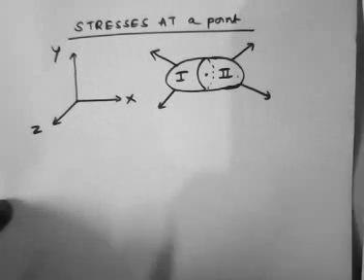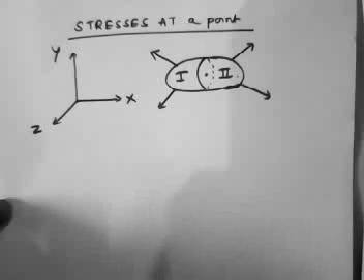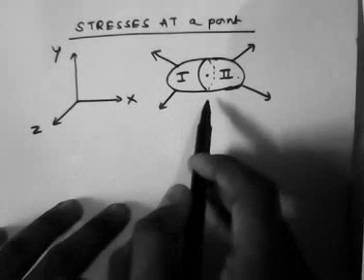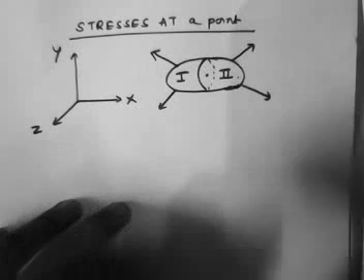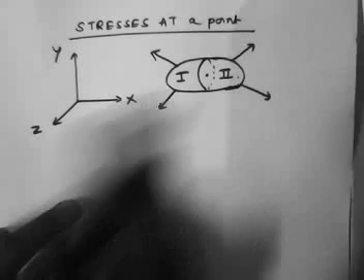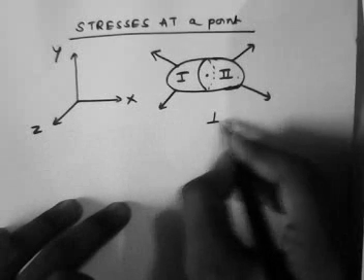Now what we are going to discuss is basically the stresses at a point. Okay. So this is the axis system that we defined: x direction, y direction and z direction. This is the body which is in equilibrium under the application of this loading.